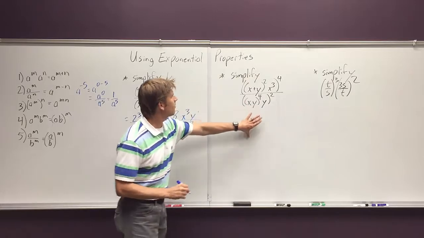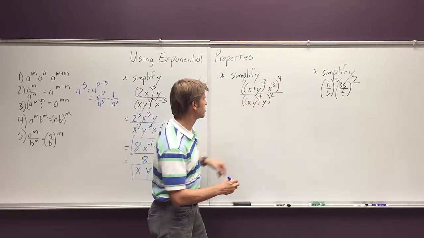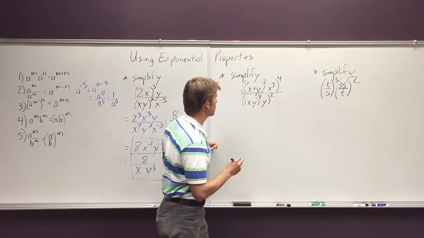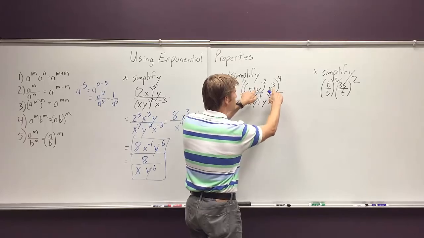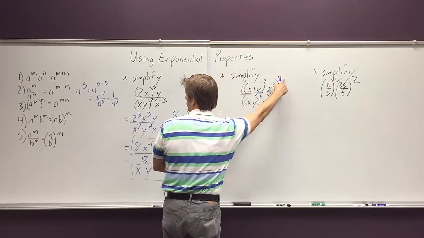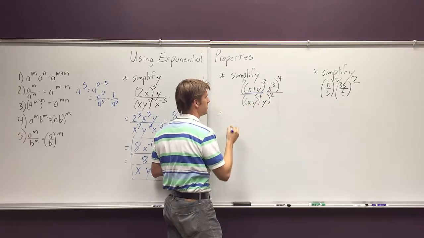Okay? How about this problem? Well, notice, first off, what I'm going to do is I'm going to treat this as a single symbol in the numerator. So I've got these 2 symbols. Using rule 4, I can distribute that 4 to both of these.